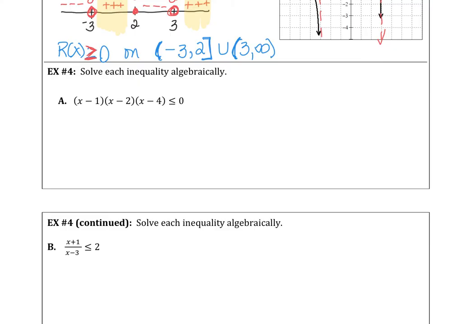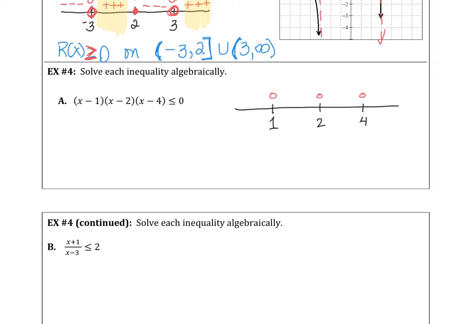This one, solving algebraically, again, we want to have a number line, and we're looking for areas where it's true. So I'm looking at the zeros would be at positive 1, positive 2, and positive 4. Those are zeros of the function, of the inequality.